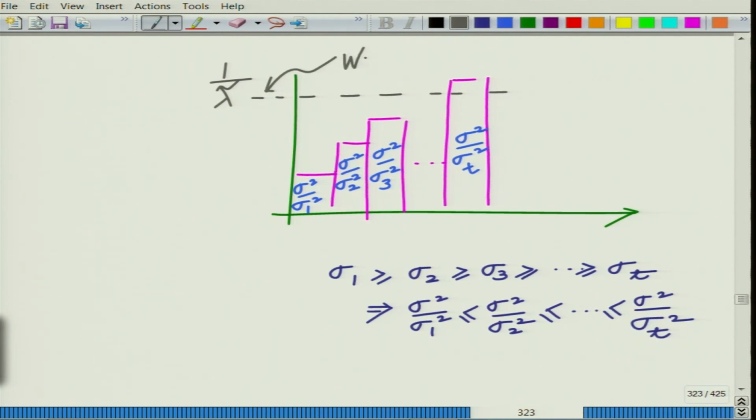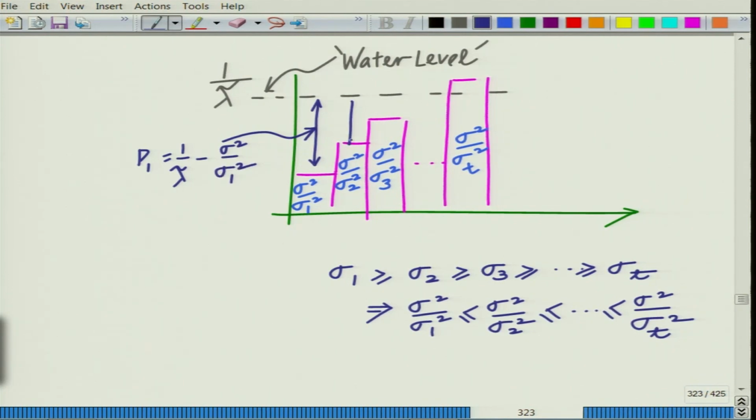Then the power allocated P_i is the height of the water level above the bar. So, P1 is equal to 1 over lambda tilde minus sigma square over sigma 1 square.